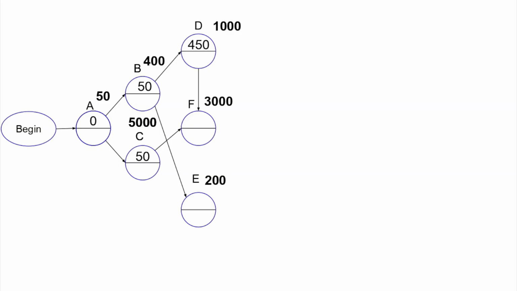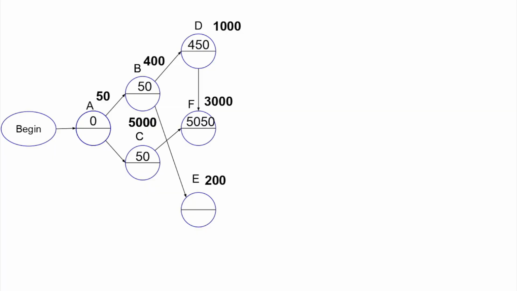Next, we have nodes D, F, and E. D only has one arrow pointing at it and has two predecessors, B and A. Thus, D's time to start is the sum of B and A's time, 400 plus 50, which is 450. We put 450 in the upper node of D.